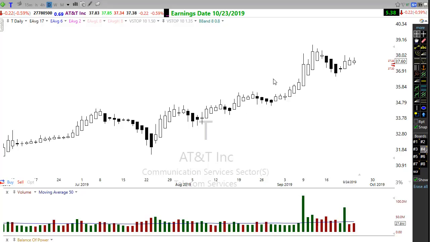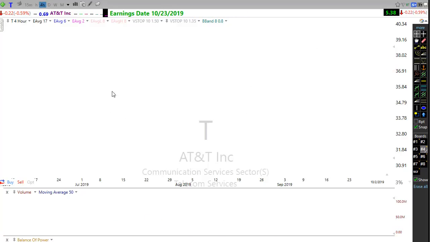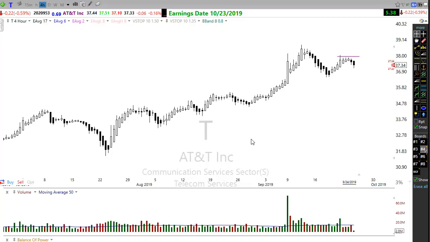So I'm going to use the same AT&T chart, and let's look at a 4-hour chart. The 4-hour chart has trends. It has support, resistance, everything that we see in every other chart, but it's cleaner. It's more organized because of the average of these candles.